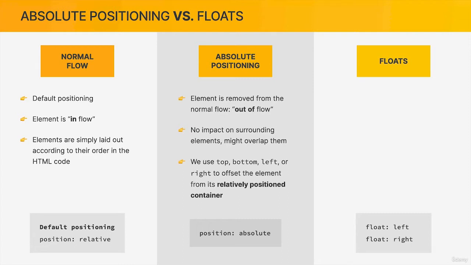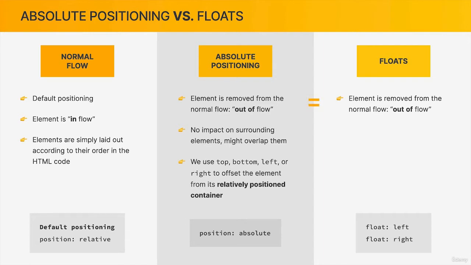So we can achieve a floating element by using float left or float right, just as we learned before. And as I was just saying, when an element is floated, it is removed out of the normal flow. And so in this regard, it is exactly the same as with absolute positioning.